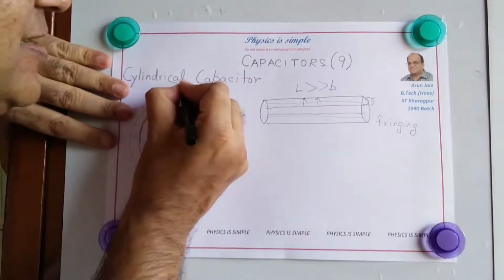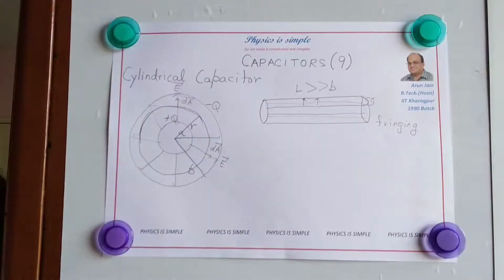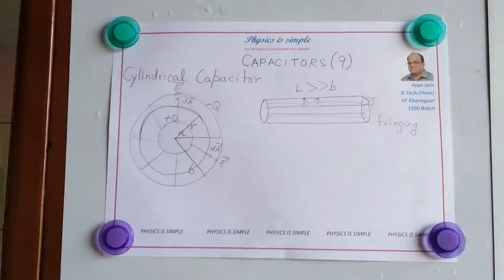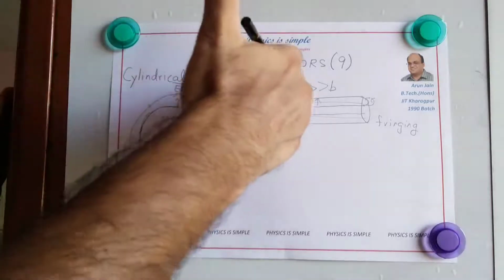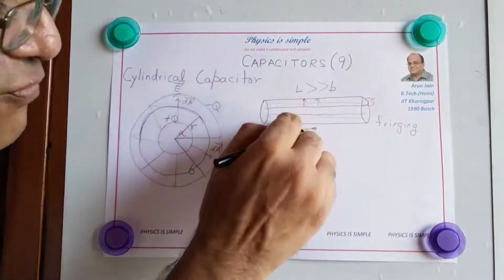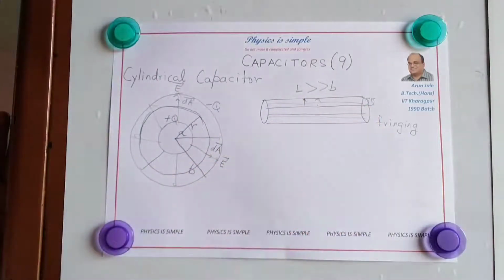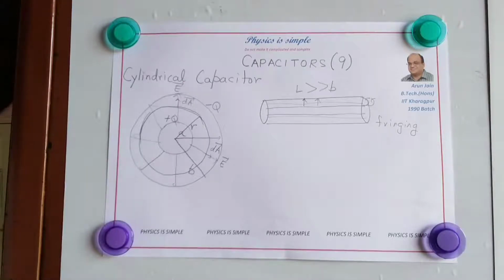So E vector and dA vector are parallel everywhere. And because this is a symmetrical Gaussian surface, that curved surface, therefore the magnitude of E vector will be the same at every point on the Gaussian surface. There will be no electric flux through these flat surfaces. All the electric flux will be through the curved surface, and at every point on the curved surface E vector and dA vector are parallel, and E vector will have the same magnitude at every point.